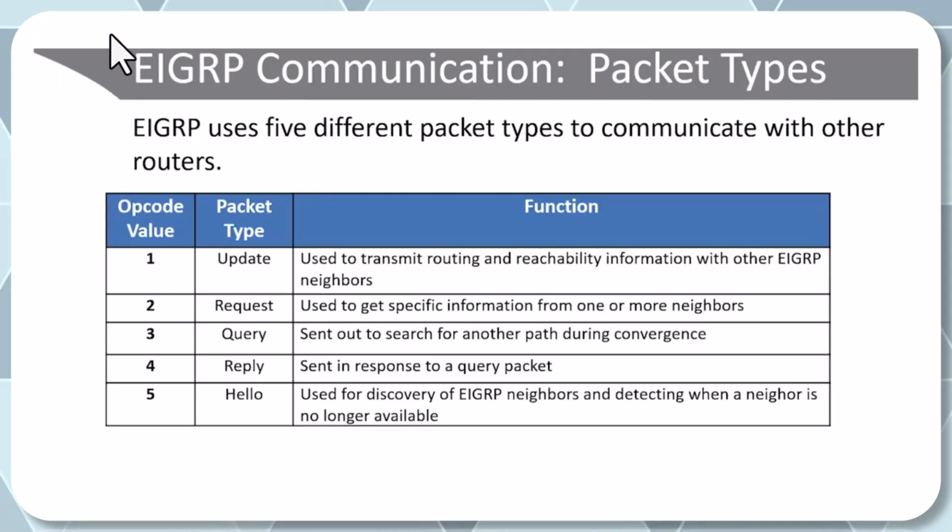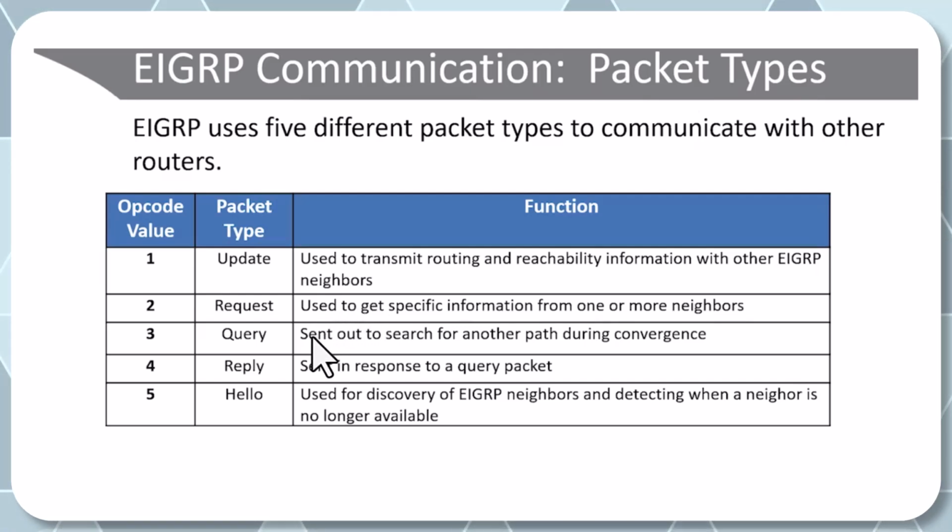Now, 5 types of message exchange. EIGRP uses 5 different packet types to communicate with other routers. First of all, update. This packet is used to transmit routing and reachability information with other EIGRP routers. Then request, used to get specific information from one or more neighbor routers.